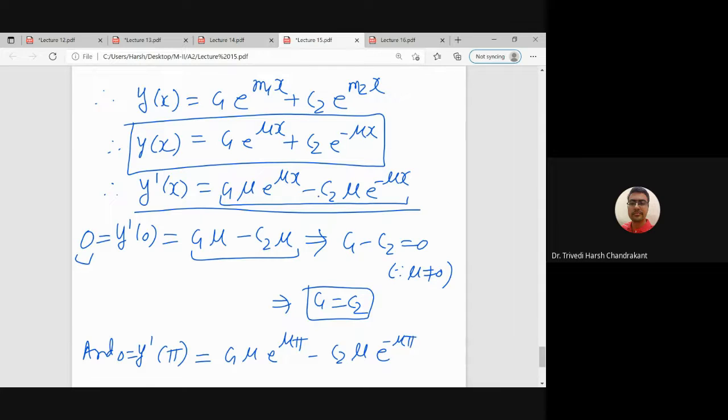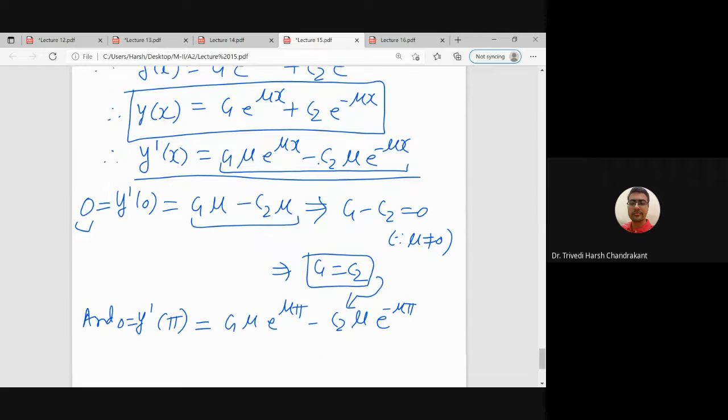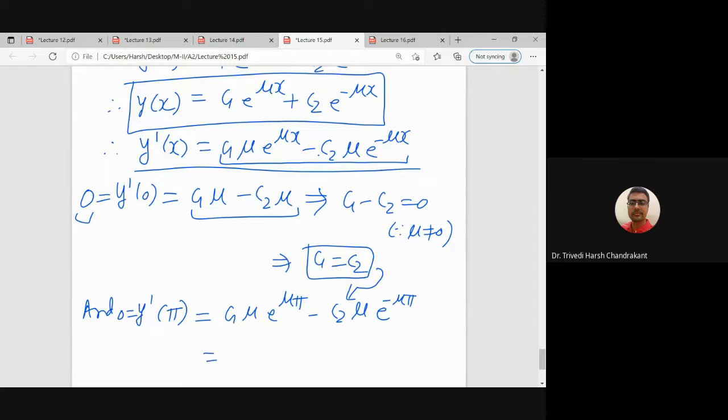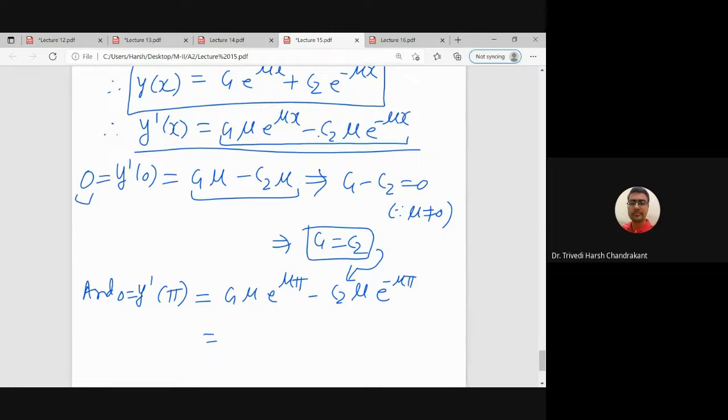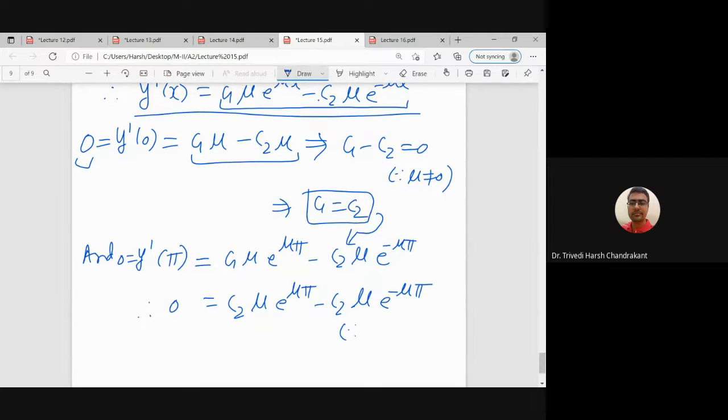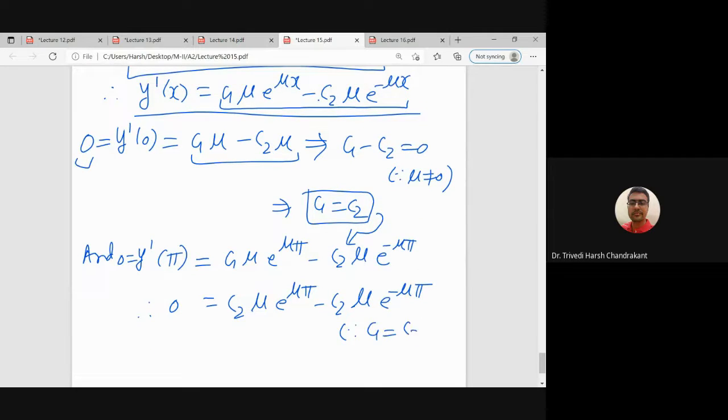Because all the solutions should satisfy both conditions, we substitute c1 equal to c2 here, and we get c2 mu e power mu pi minus c2 mu e power minus mu pi is equal to 0.